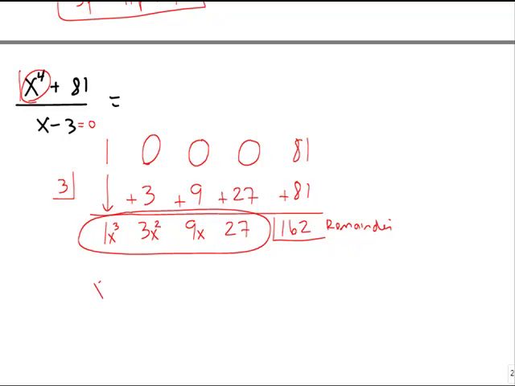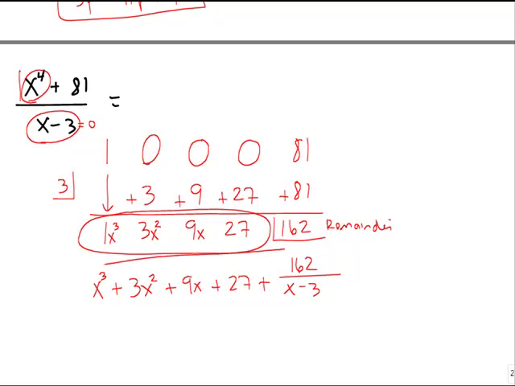So our answer is going to be x cubed plus 3x squared plus 9x plus 27. And then we did have a remainder, so we're going to write that as a remainder fraction. We add our fraction, the 162 goes in the top, and what we were dividing by originally, which in this case was x minus 3, goes in the denominator. So here's our final solution.